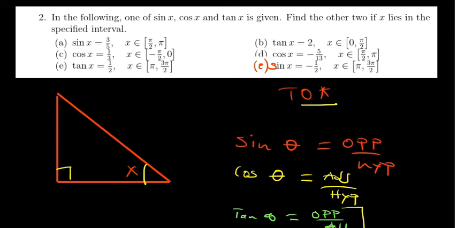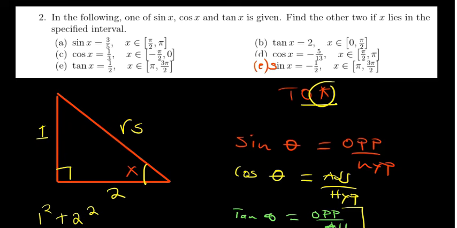So if we have 1 over 2, the opposite is a 1, and the adjacent is going to be a 2. The hypotenuse can be found by squaring the two sides, adding them, and then finding the square root. So 1 squared plus 2 squared, that's 1 plus 4, which is root of 5.